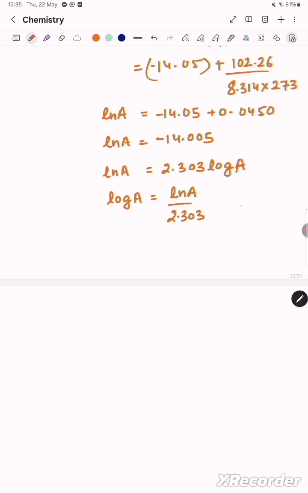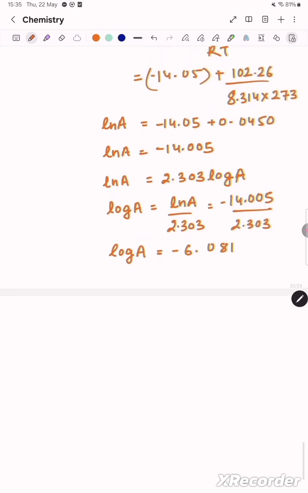So that will become minus 14.005 divided by 2.303. So log A value will be minus 6.081.